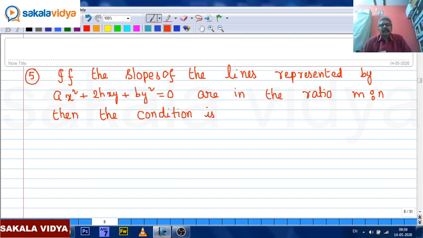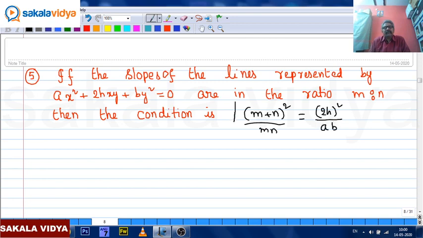If the slopes of the lines represented by ax square plus 2hxy plus by square is equal to 0 are in the ratio m is to n, then what is the condition? So the condition is m plus n whole square by mn equal to 2h whole square by ab.